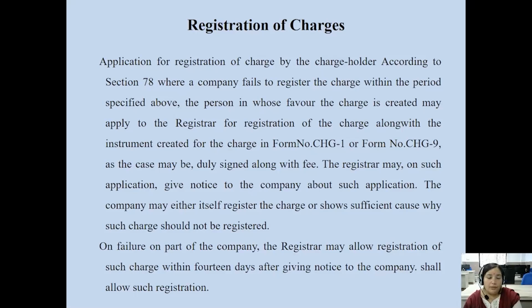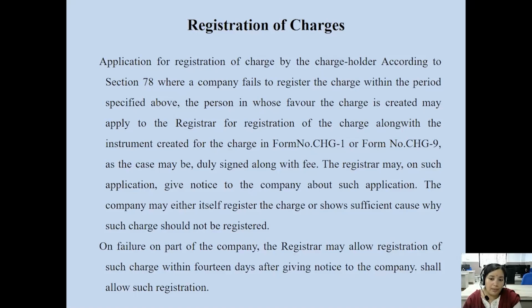According to Section 78, when a company fails to register the charges within the period specified above, the person in whose favor the charge is created may apply to the Registrar for registration of the charge along with the instrument created for the purposes of the charge, like Form CHG-1 or Form CHG-9, as the case may be, duly signed along with the fee.